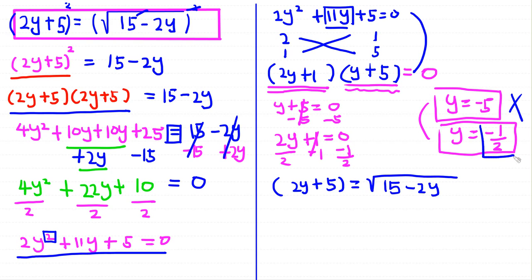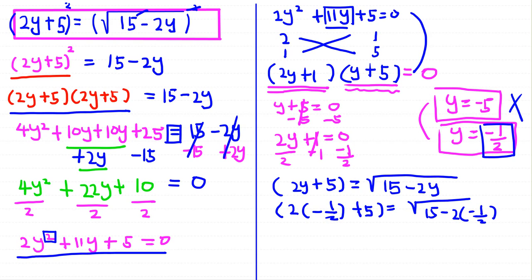We can input negative 1 over 2 instead of the y value, and if we do that, 2 times negative 1 over 2 plus 5 should be equal to the square root of 15 minus 2 times negative 1 over 2. If you simplify this, the 2s cancel out. And we're going to get negative 1 plus 5, which is 4.